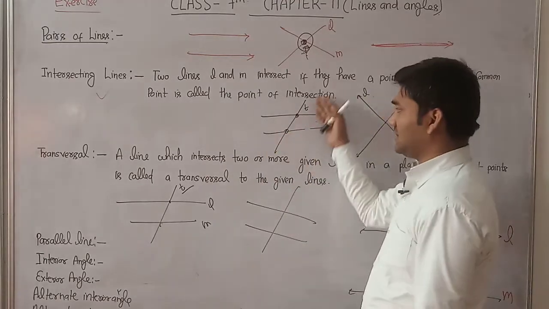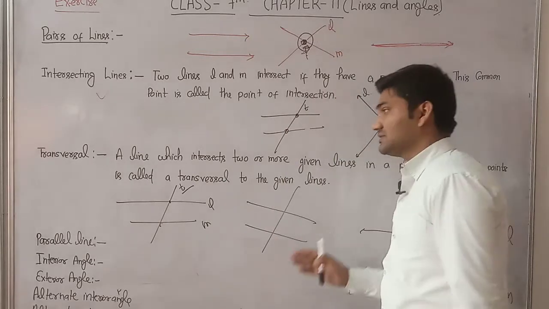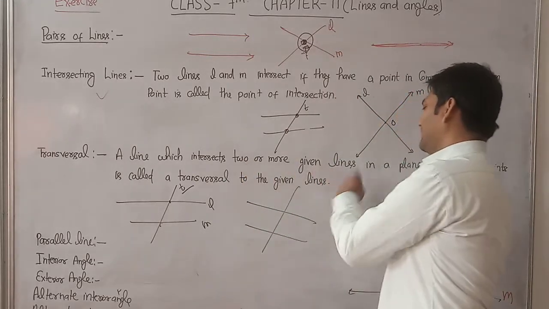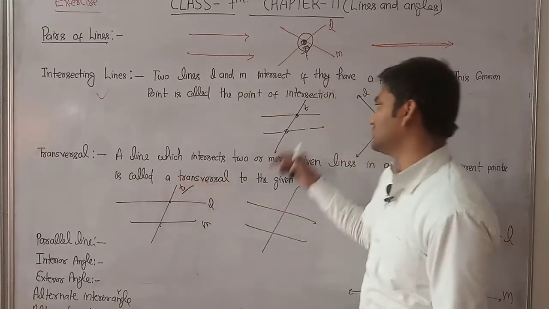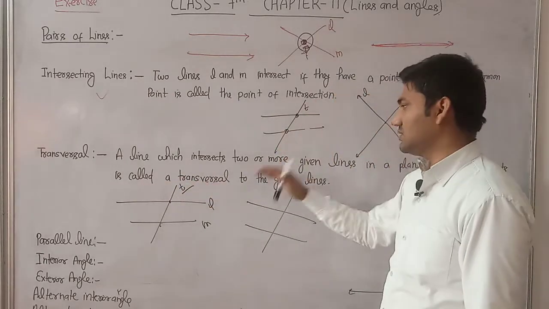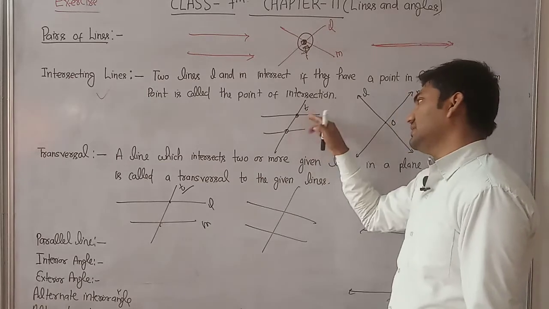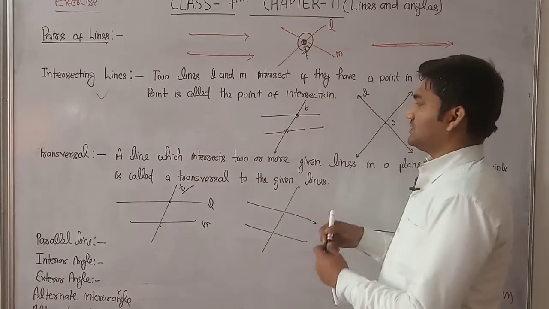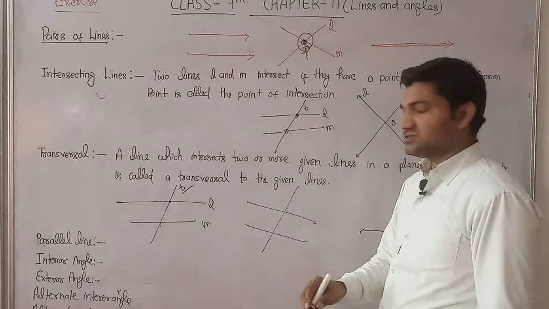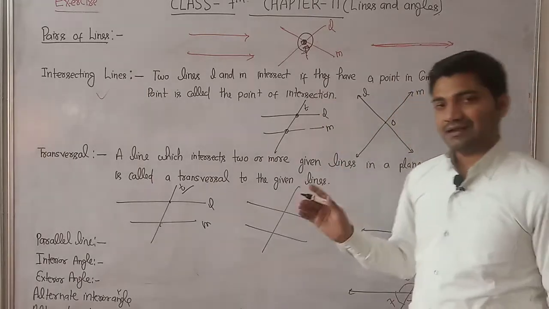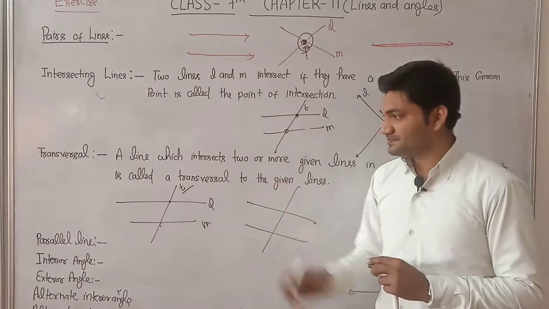Many lines intersecting one line at different points in a plane, and that line is called a transversal. Then line T is a transversal to the given lines; for both lines L and M, T is the transversal. Now understand the transversal. Okay.